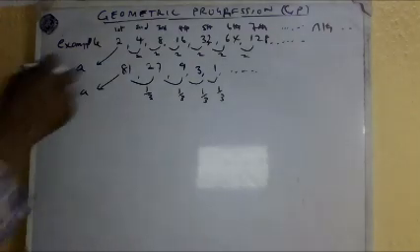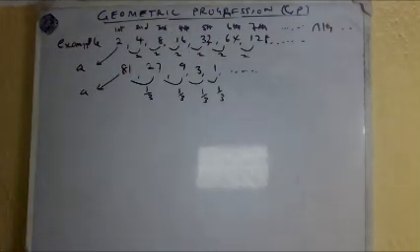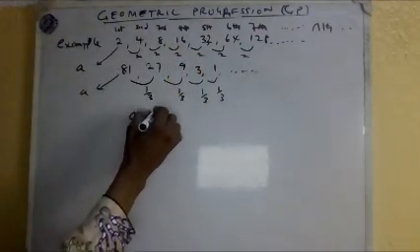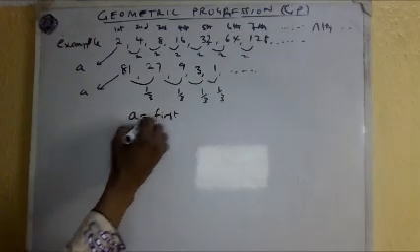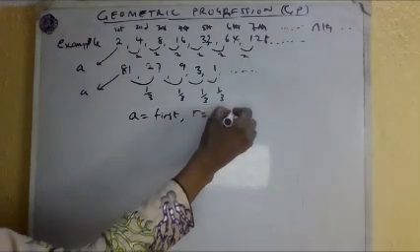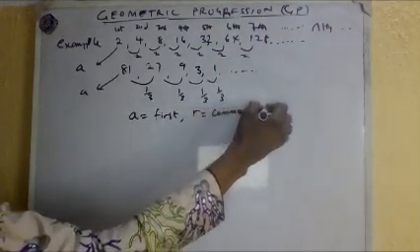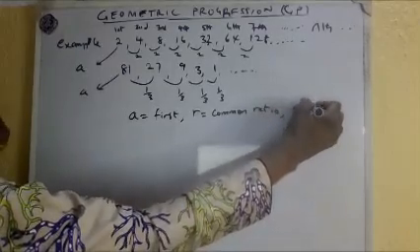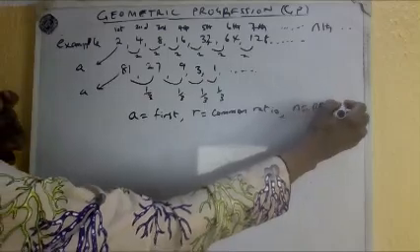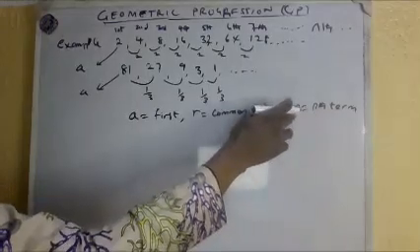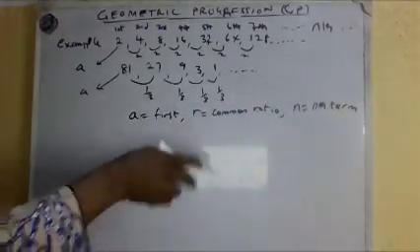So from what I have already described here, I can see I have 3 parameters defined. A, first term. Then R is common ratio. And N is the nth term. That nth term is the position of that term.